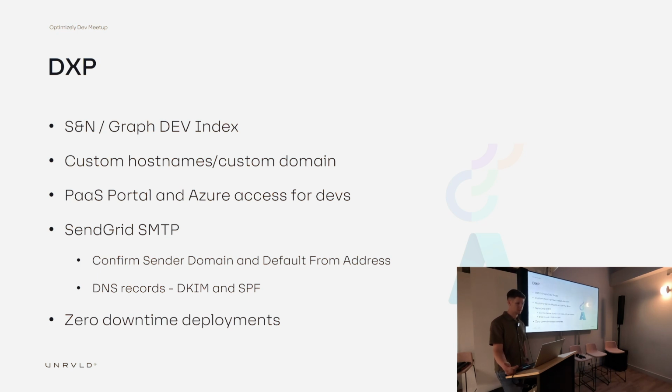If you're sending emails from the site, SendGrid, so confirming the sender domain and the default from address, and then more around the DNS records required for ensuring delivery of emails so they're not hitting people's spam.